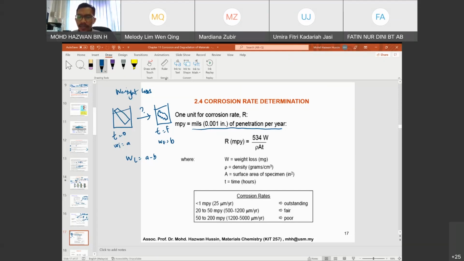It means that the metal doesn't corrode much, no corrosion or very slow corrosion. If the value is in between 20 to 50, then we see this as moderate corrosion. And if it is larger than 50, then we can see this as severe corrosion.